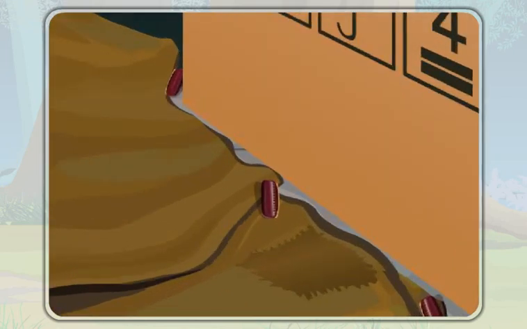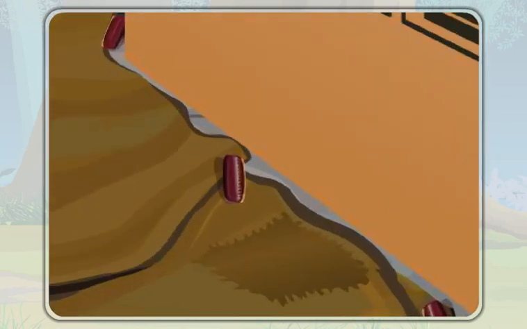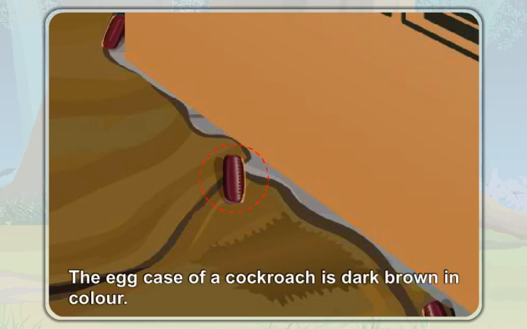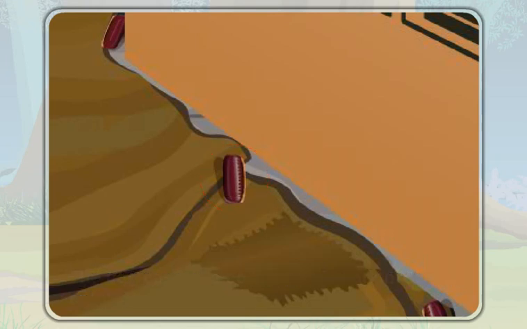Let's have a closer look at one of them. The egg case of a cockroach is dark brown in color. The egg case of a cockroach is called the ootheca. An ootheca is about 6 to 12 millimeters in length.